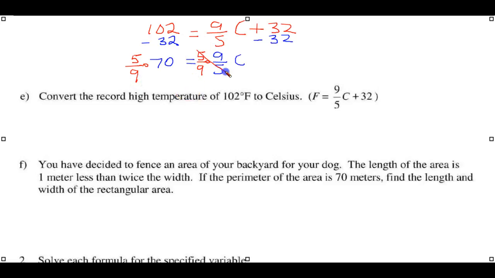So here, these just all cancel out and become a 1. And I'll do it down here. And I get C then.